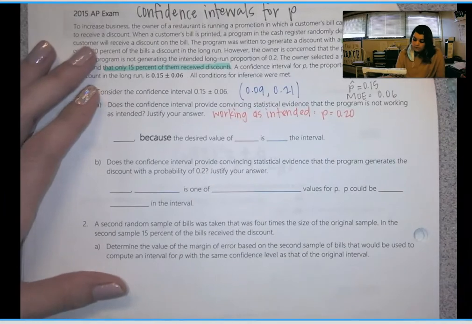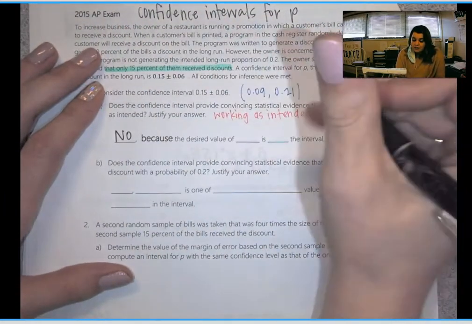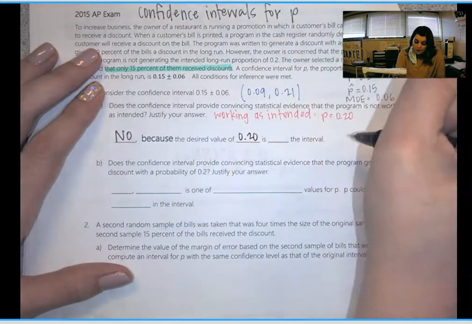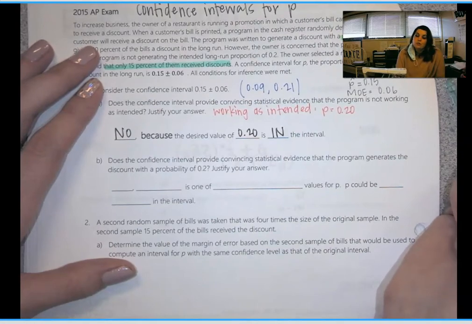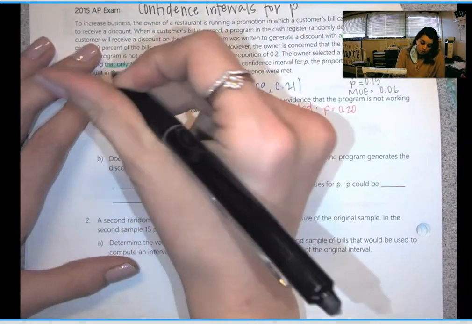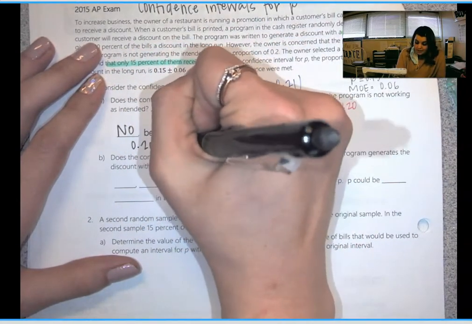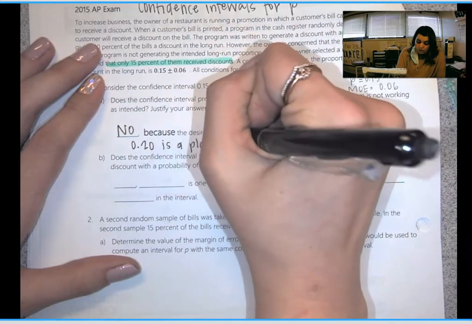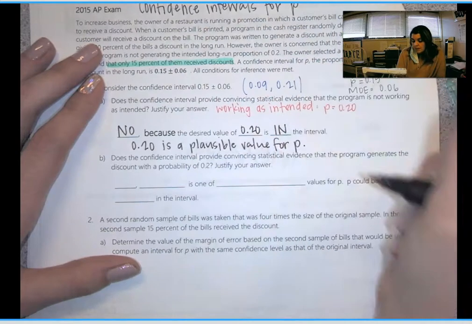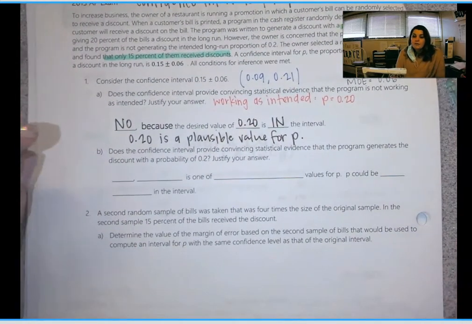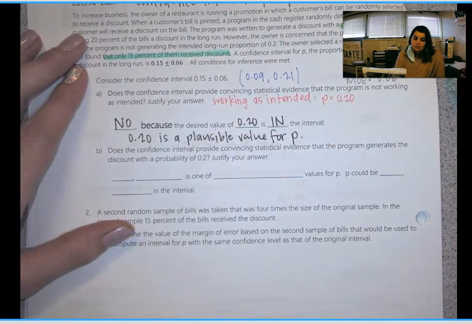No. Because the desired value of 0.20 is in the confidence interval. So similarly, 0.20 is a plausible value for P. We would have convincing evidence if 20% was not in our interval.